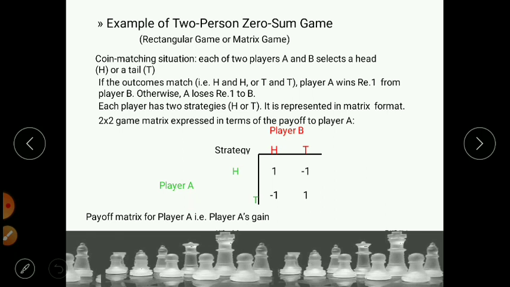If the outcome matches, then player A wins rupee one from player B, so player B has to pay rupee one to player A. Otherwise, player A loses and has to give rupee one to player B. If the outcomes do not match, then player B wins and player A has to pay rupee one to player B. Now, each player has two strategies here, that is head or tail.